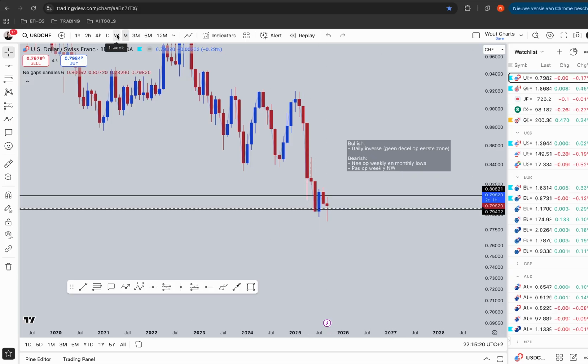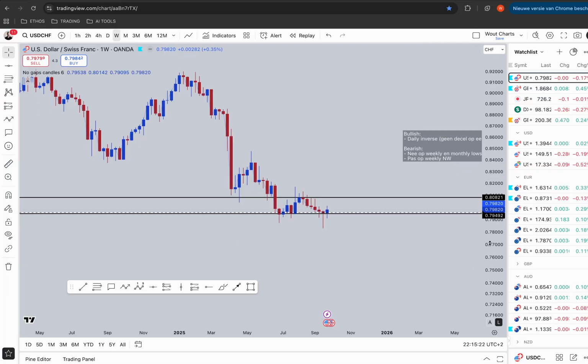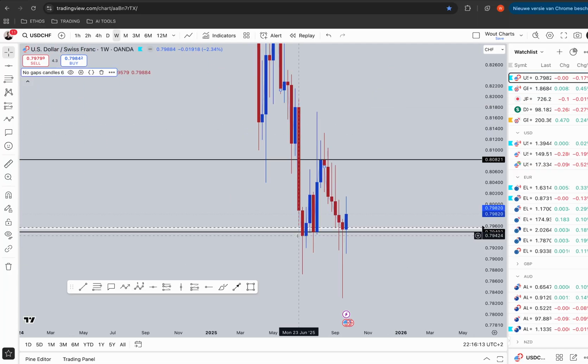That indicates bullish power for me on the monthly. If we continue on the weekly, apart from the weekly and monthly lows, we can also see a bullish M right here: 1, 2, impulsively 3, correctively 4, ending last week with a nice bullish candle.